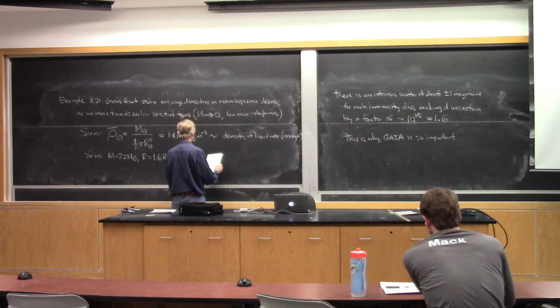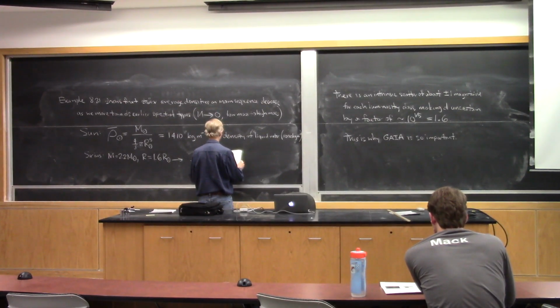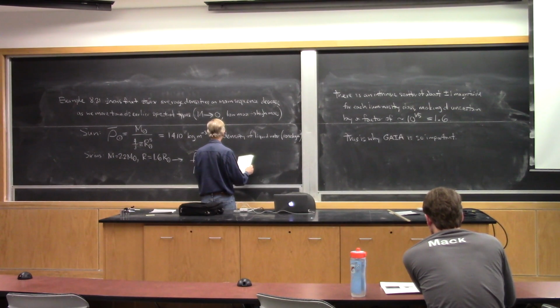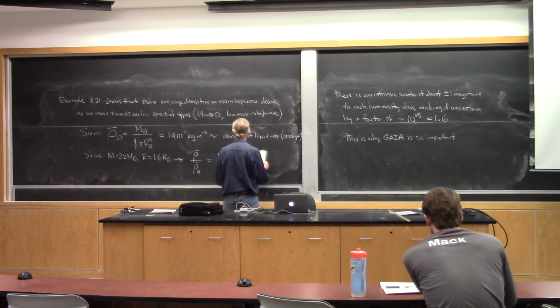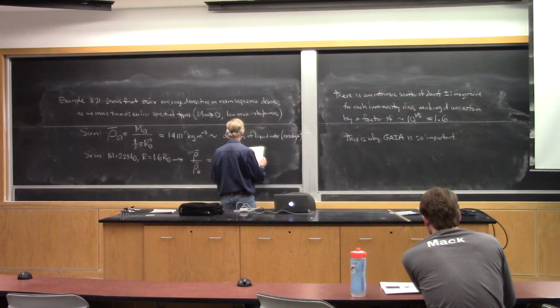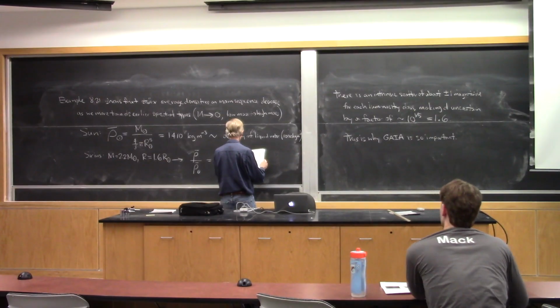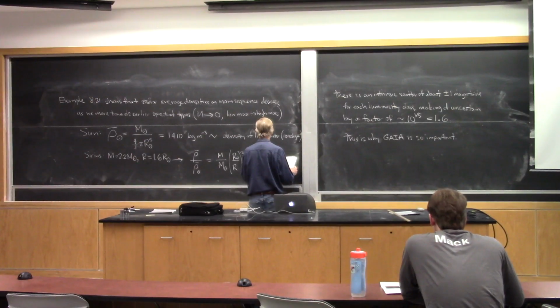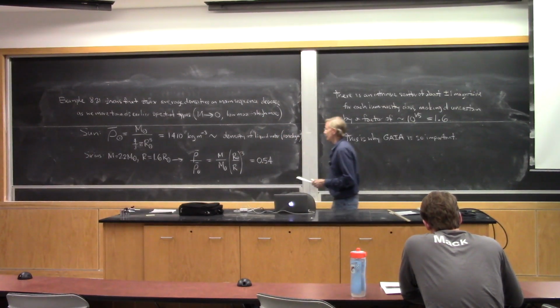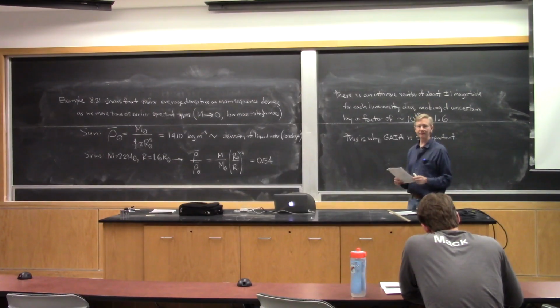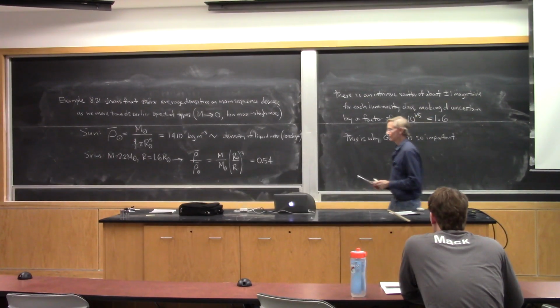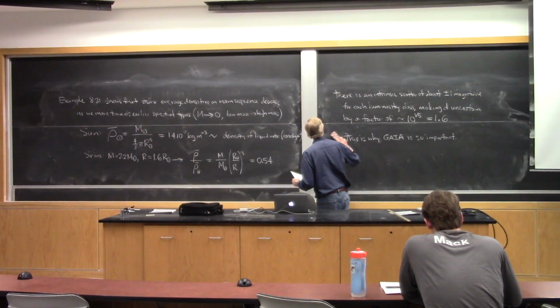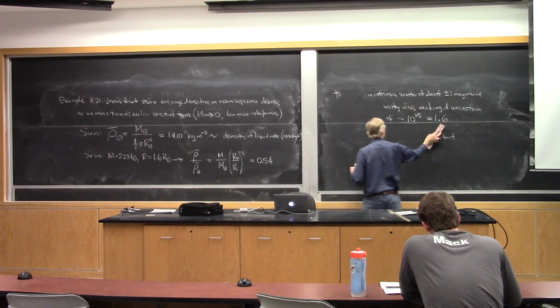Its average density over the sun's average density, rho bar over rho bar sun, would be the mass ratio times the cube of the reciprocal of the radius ratio, so R sun over R Sirius cubed, and that works out to be about 0.54. So Sirius is about twice the mass of the sun, but only about half the average density, because its volume more than makes up for the extra mass.